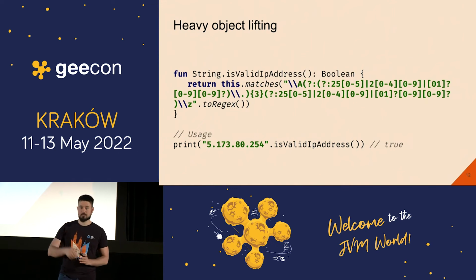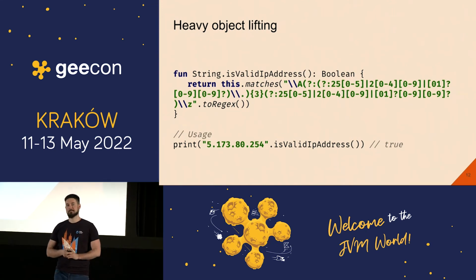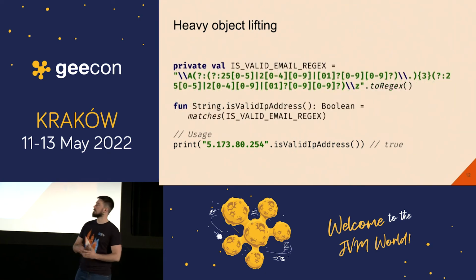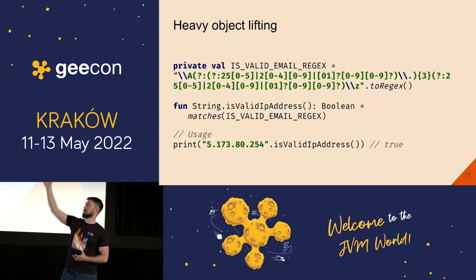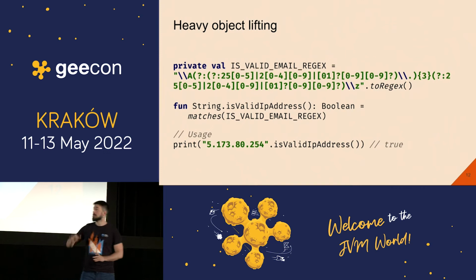Exactly, and the solution? The solution is to use Pattern to compile the regex beforehand and save it as a static field or an object. So this is one solution. Perfect. Stay with me.